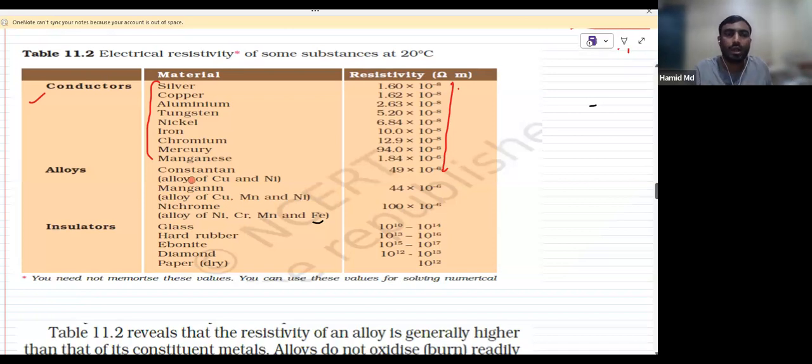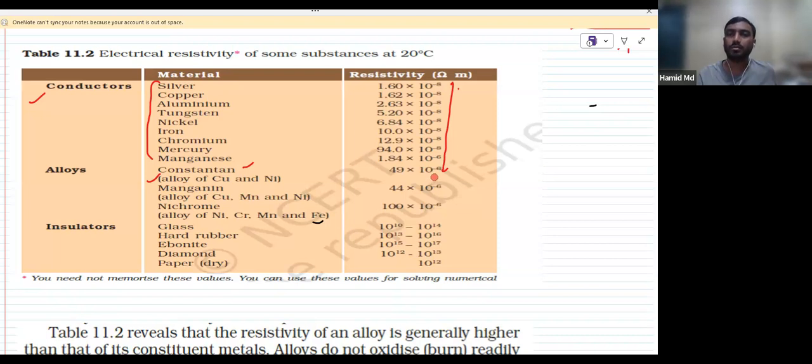What is an alloy? An alloy is a mixture of two or more elements. Take constantan. It may be asked in the exams. We don't have to remember the numbers, but we have to remember how the alloys are made. See, it is 49.86.